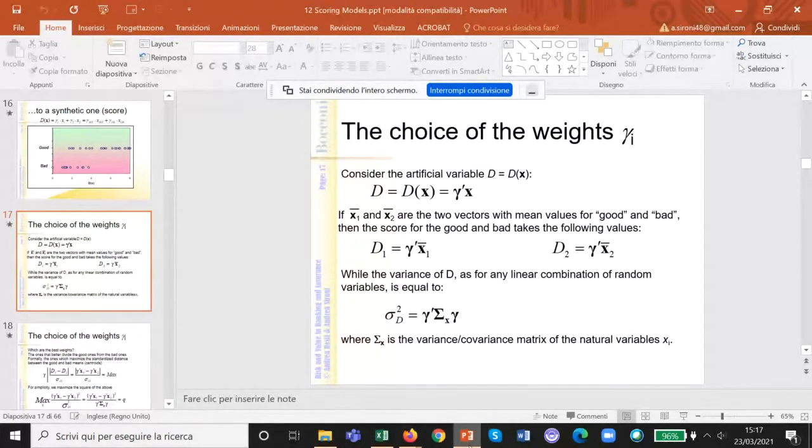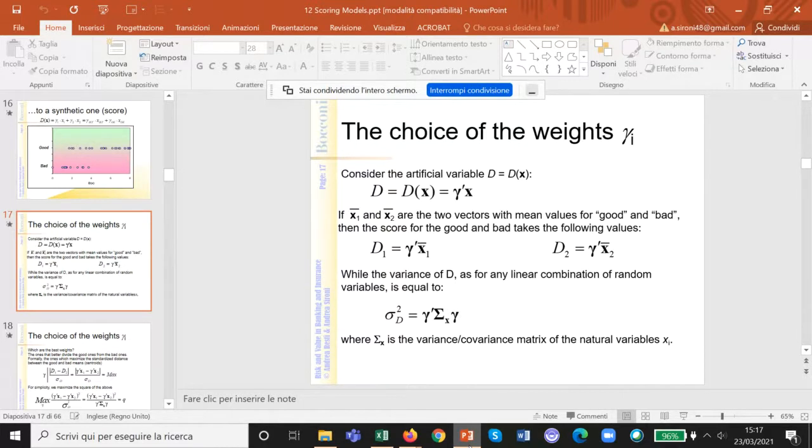Now, assume that we have x1 and x2, the two vectors with the mean values for the two variables for good and bad, okay? I mean, they could be two variables, they could be n variables, 10 variables, let's say. But x1 and x2 are the vectors of the good and bad, okay?